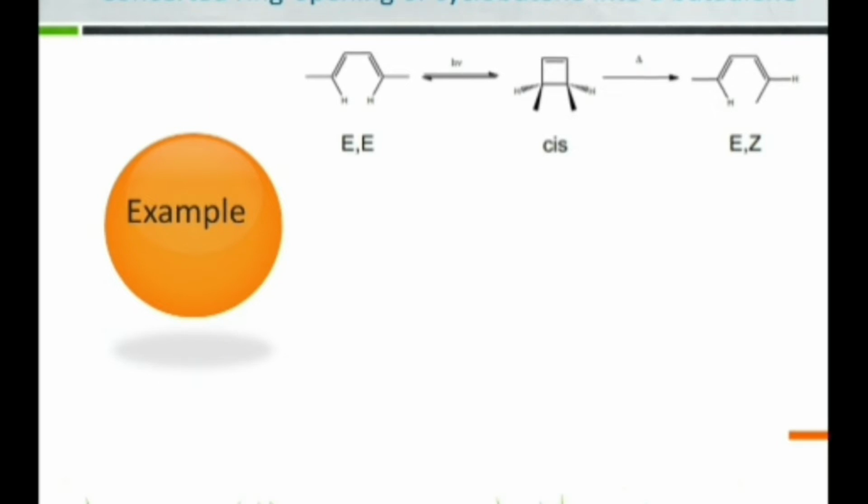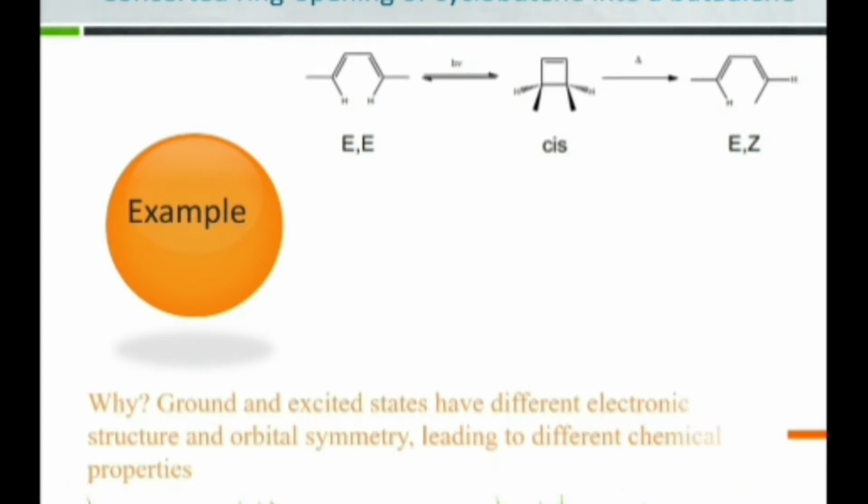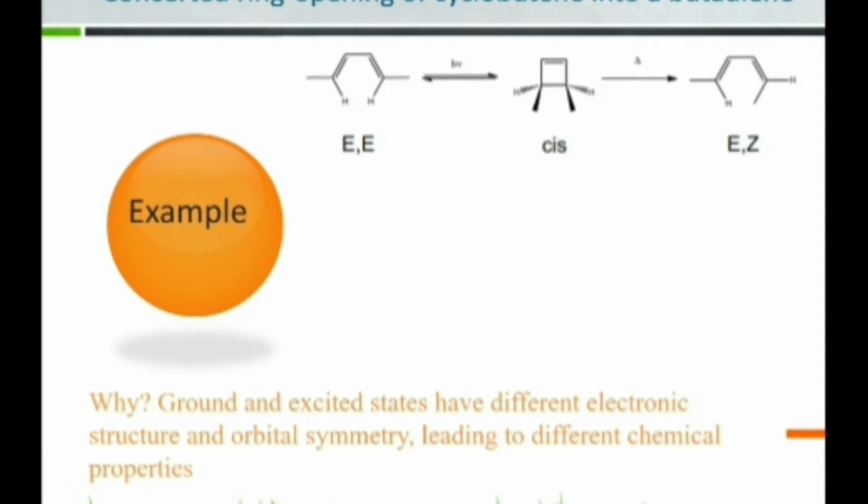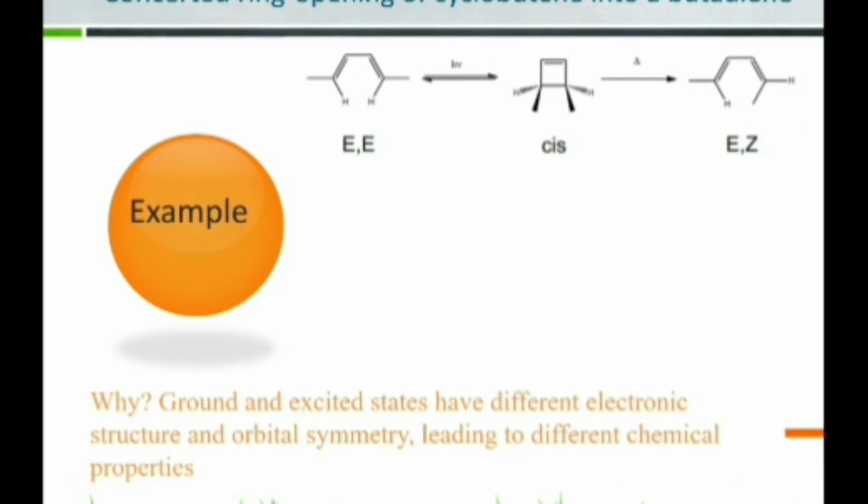Whereas if you heat cis cyclobutene, you get a product with Z configuration. So the ground state and excited states have different electronic structure and orbital symmetry. That's why it leads to different chemical properties.